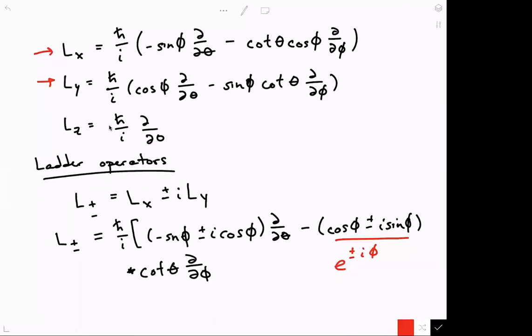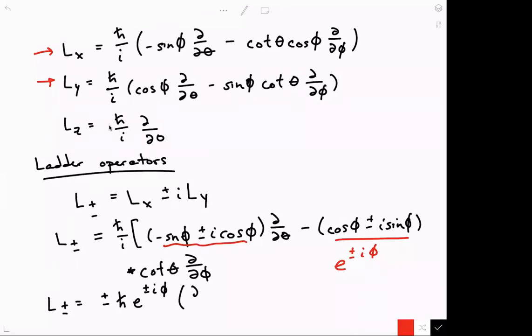We're going to substitute that in, and we're going to have for our ladder operators a plus or a minus h bar e to the plus or minus i phi. And of course, this comes out in both of these, right?